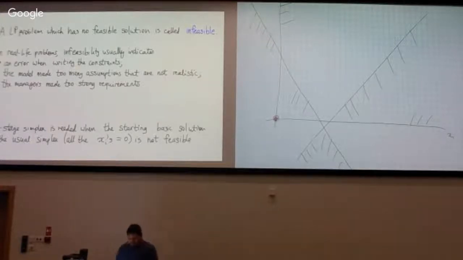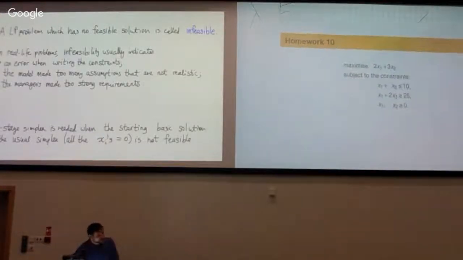One such example was this problem, because if you put 0 and 0 into the second constraint, then it's not satisfied. So one example of such a situation is where you have a greater than or equal to in a constraint.